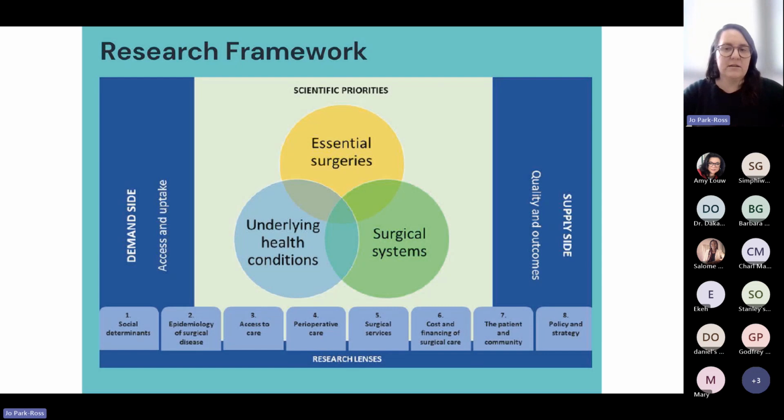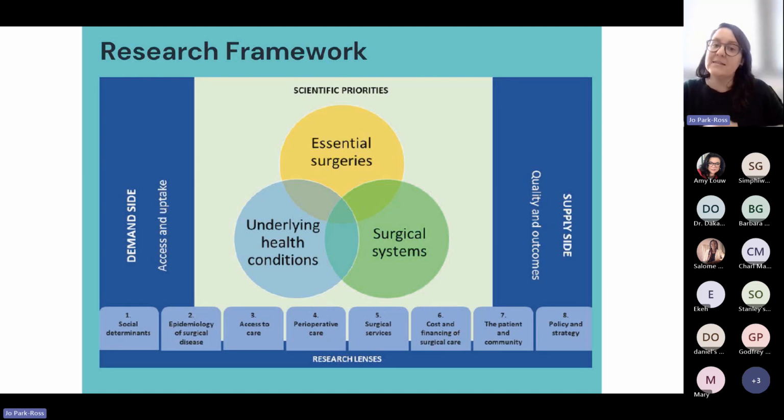As part of this, the Global Surgery Division has developed a research framework, and it's a really exciting way of describing how we plan to implement different research strategies and how these things all tie in together. What I want to highlight here is the pillars on either side, because they tie in well with the implementation framework that I'm going to show you in a second. On the demand side, we know that access and uptake of surgical care is a huge challenge in perioperative care across our continent.